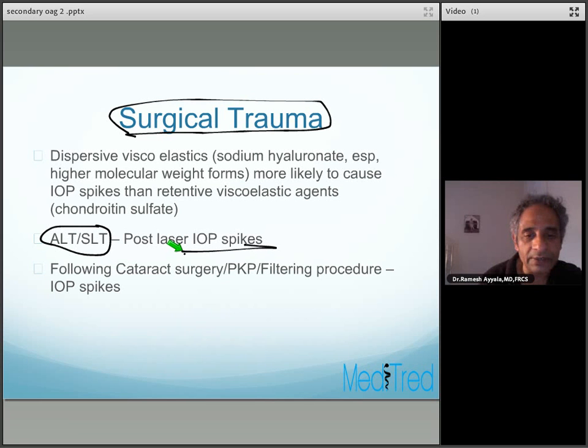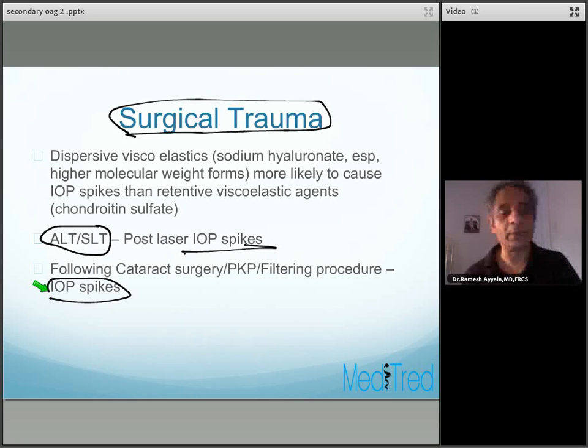Following cataract surgery, PKP (penetrating keratoplasty), or filtering procedures, sometimes you can have IOP spikes. We just discussed that following cataract extraction. Should the pressure spike, you should take care of this glaucoma appropriately, depending upon how high the pressure is and what the status of the underlying optic nerve is.